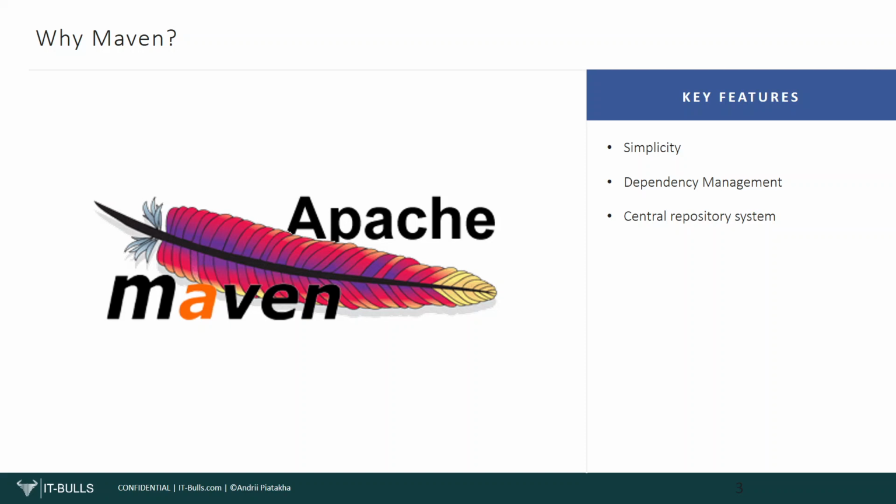Dependency management. Like some other build automation tools for Java, Maven supports dependency management out of the box. What does this mean? This means that with the configuration we can specify all required external dependencies for our project, and Maven will manage these dependencies.